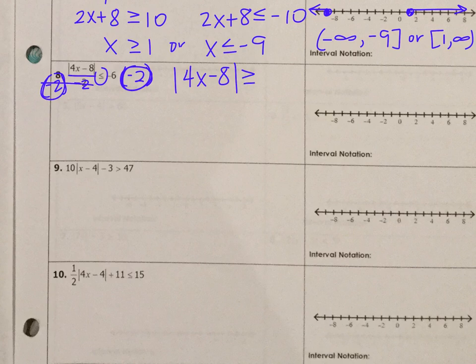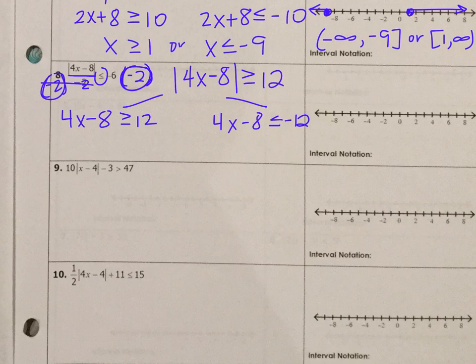Greater than or equal to 12. Okay, I don't have anything outside my absolute value, so now I can break this into two problems. 4x minus 8 is greater than or equal to 12. 4x minus 8 is less than or equal to negative 12.